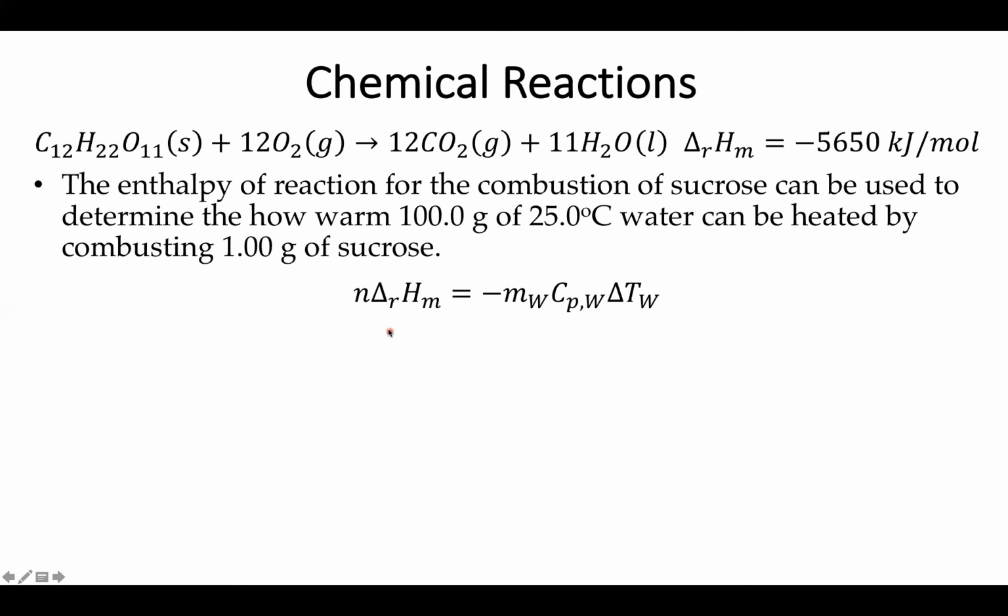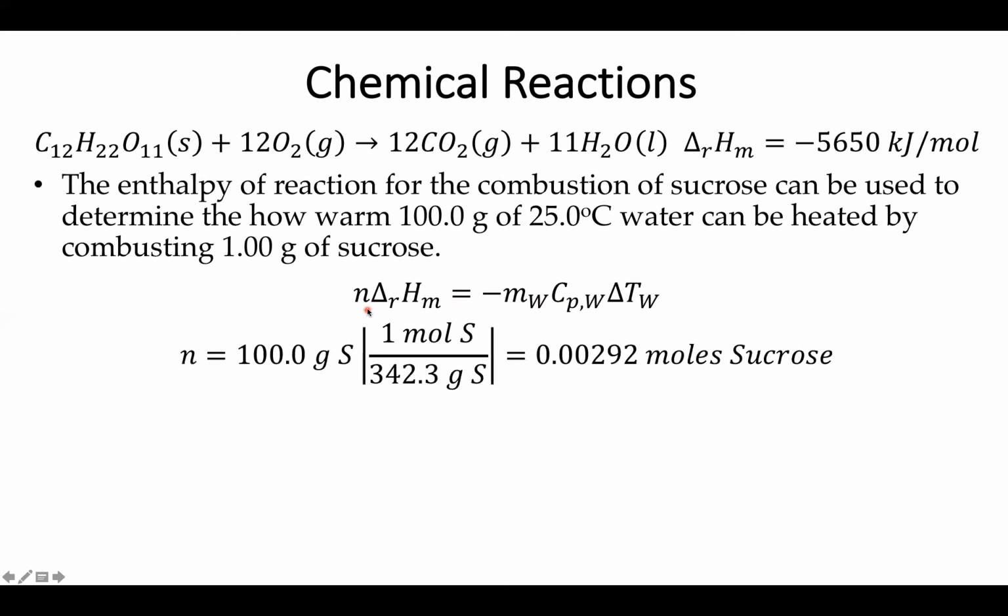what we can do is set up the amount of heat generated by the reaction is going to be equal to the negative of the change in the heat of the water. Because again, these two substances will be in contrast. We can first start by determining the moles of sucrose combusted. So again, we can do this using the molecular weight of sucrose. Now, next, I know the enthalpy of combustion of sugar.